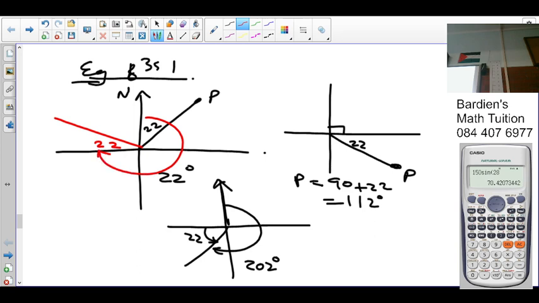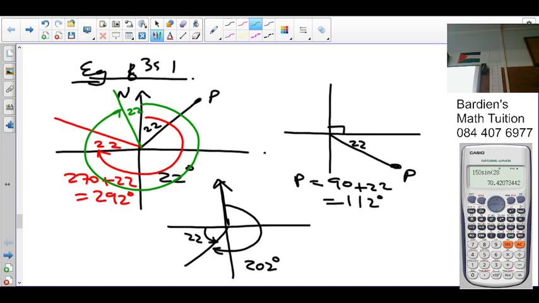That will be 270 plus 22, which is 292. Not so? What would your bearing be here? 360 minus 22, which is 338.